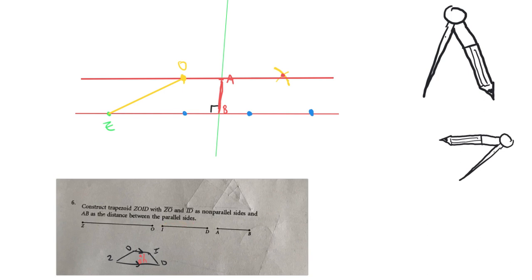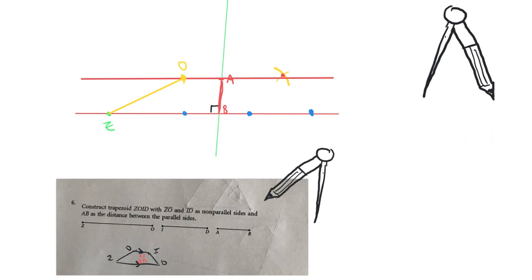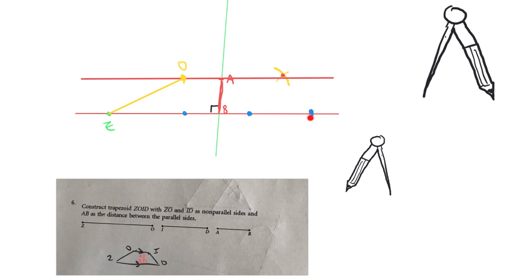At this point, you would literally just do the same thing with ID. We will go ahead and use this compass here. We're going to gauge that proper distance between I and D. At that point, we would literally just pick any old point to call D, because we're putting D on the bottom. Let's just call this D. Who cares? All right, we'll call that D. So that's D right there.